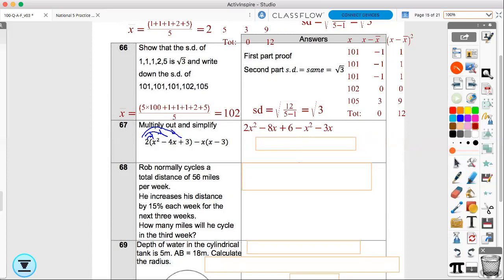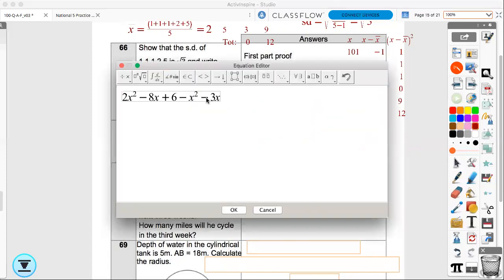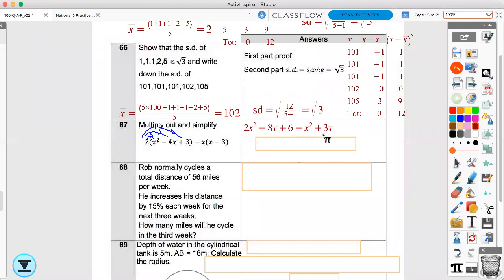Oh, hold on. This is plus. I just said that a negative times a negative is a positive. So negative 8x plus 3x. Remember, a negative x times a negative 3 is a positive 3. Okay? And that's why your final answer would be minus 5x and the last plus 6 on its own.